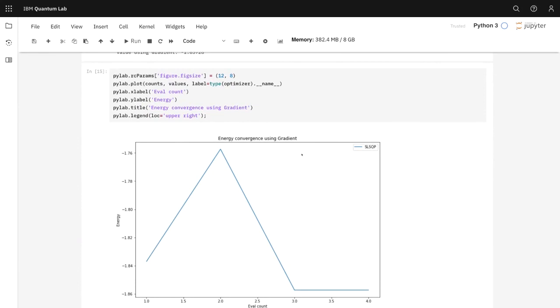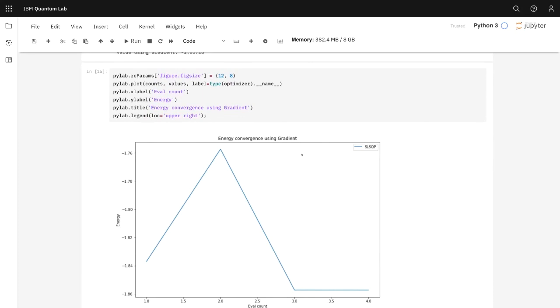So this is how you do VQE simulations on the state vector simulator. And to reiterate again, this is the sort of simulation that's good for theoretical research, where you get the same result every time you run this, because it only works with matrices.